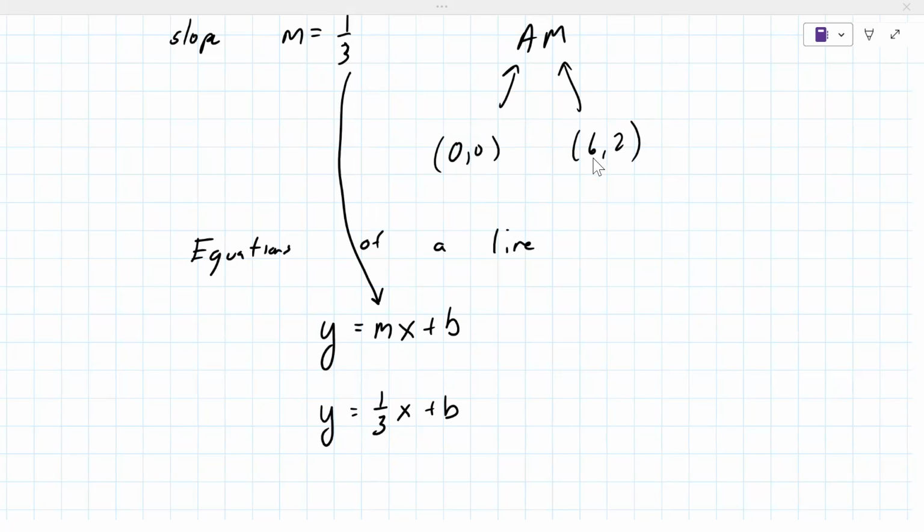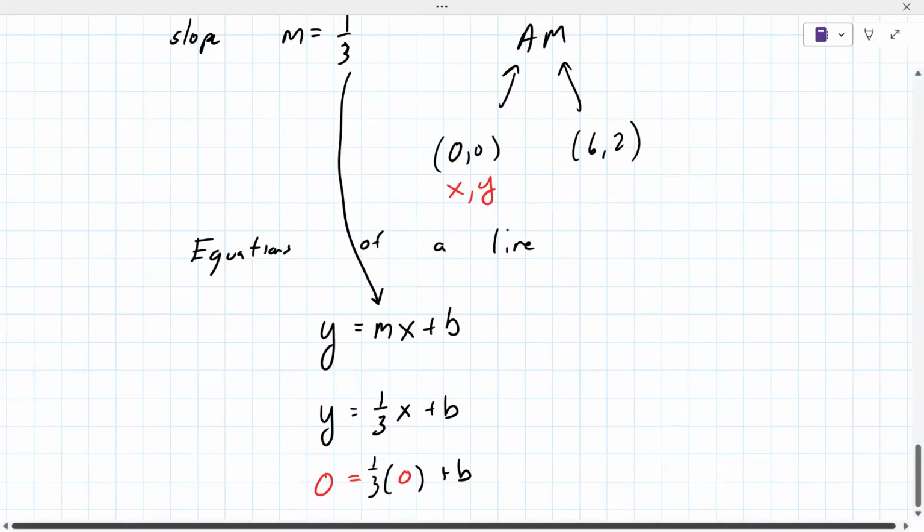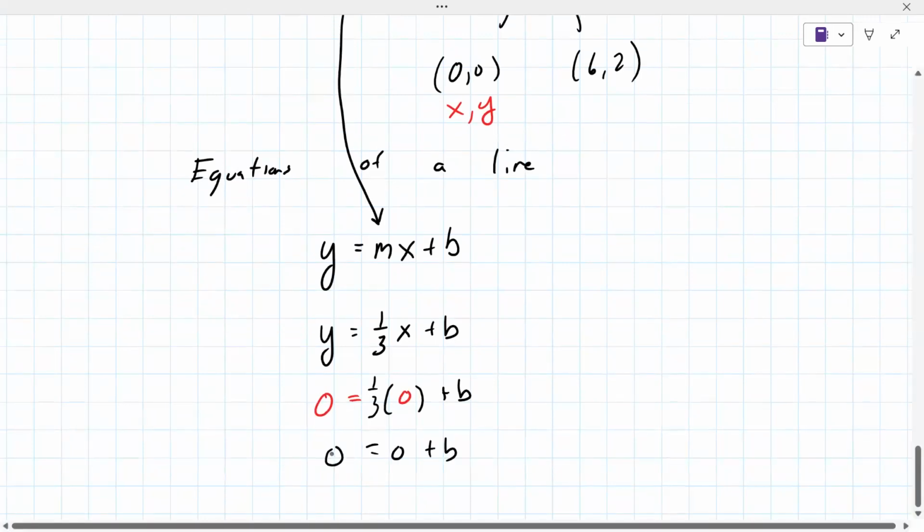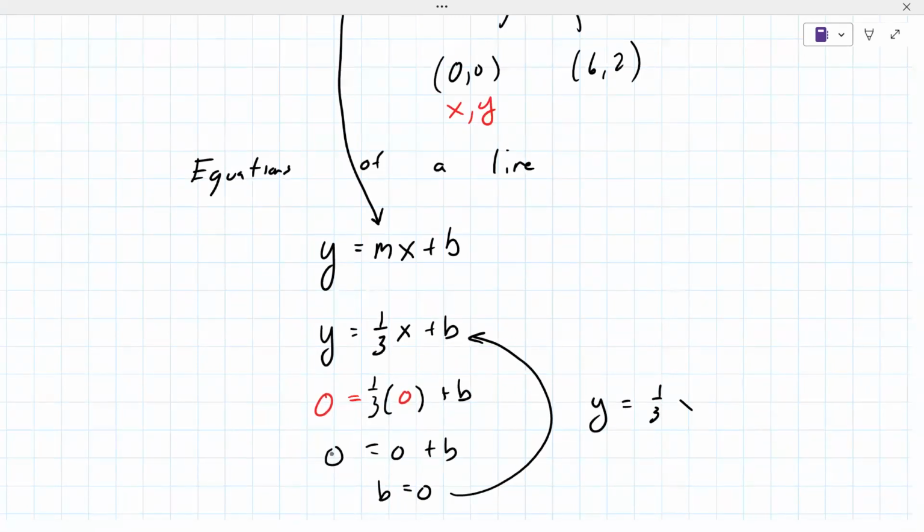Right, and y 0. We can use either point. Let's put 0 in for x and 0 in for y. What is anything times 0? 0. 0 equals 0 plus b. So b equals 0, that goes back in here. y equals 1/3 x. And this is the equation of the median line.